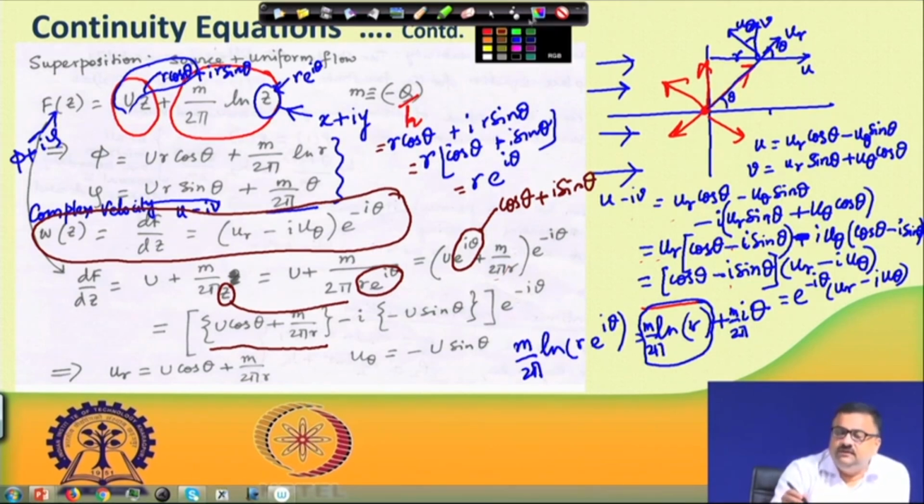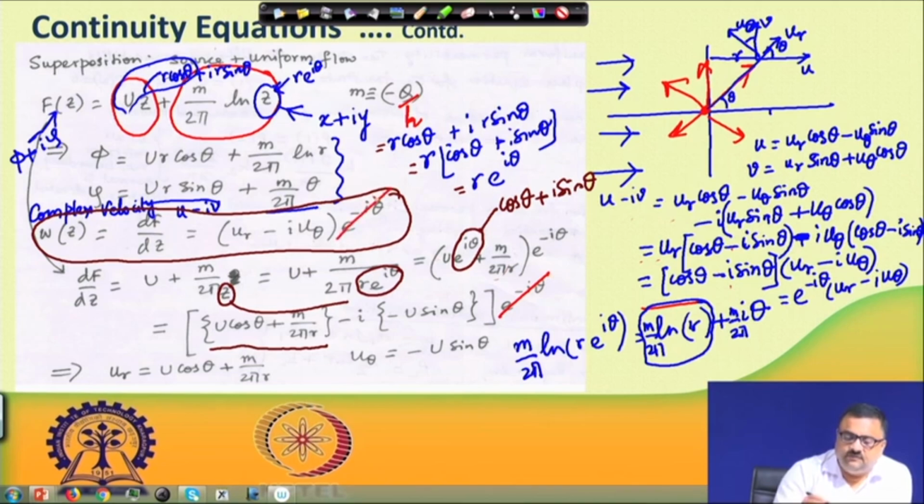So, now if we start cancelling, we can straight away cancel e to the power minus i theta with e to the power minus i theta, and we can write here that u r would be the real component. So, this would be the real component, which is going to be u r, and this is u r minus i u theta, and we are equating u r minus i u theta.